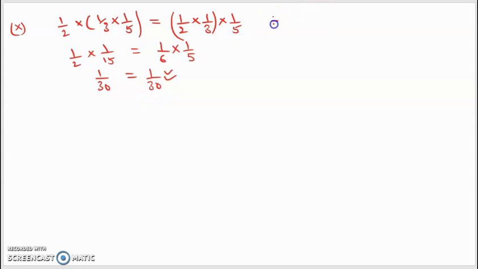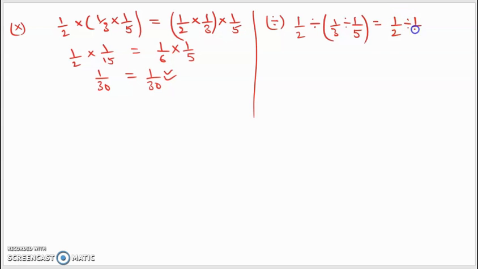Let's do division now. So 1 by 2 divided by 1 by 3, divided by 1 by 5, should be equal to 1 by 2 divided by (1 by 3 divided by 1 by 5). So 1 by 2 divided by 1 by 3 I can write as 1 by 2 into 3 by 1, divided by 1 by 5. This should be equal to 1 by 2 divided by 1 by 3 into 5 by 1.